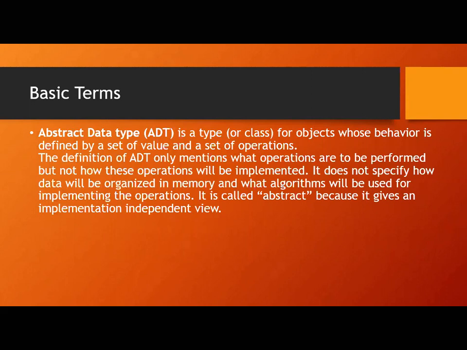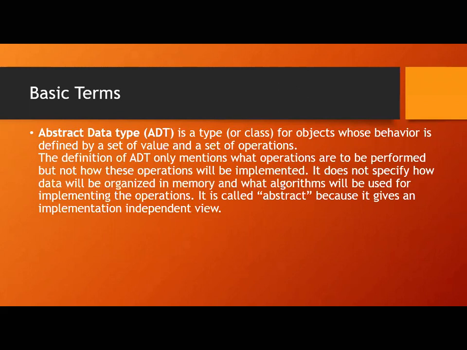So we have the primitive types that come with the language, like the int, the double, the float, and all of those. But then we can add new data types through the use of ADT. Whenever you create a class, you actually create a new data type that can then be used to define variables and objects.